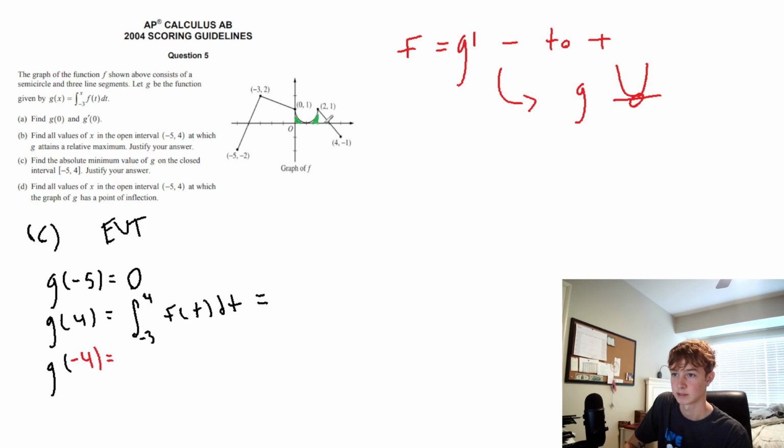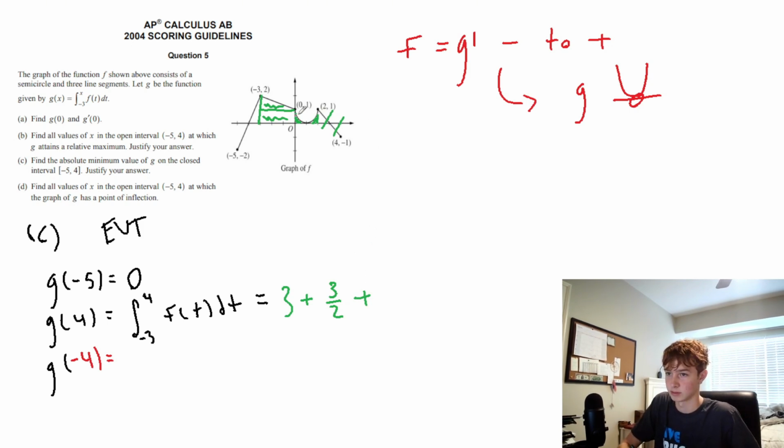So what I said at the start was these two cancel. We have to find that little area under that semicircle, and then we also have to find the area of this rectangle and this triangle. So let's start with the rectangle and the triangle. The rectangle is 3 times 1, which is 3, plus the triangle, which is 3 times 1 over 2, so 3 over 2. And then we're also going to add the area under this little circle.